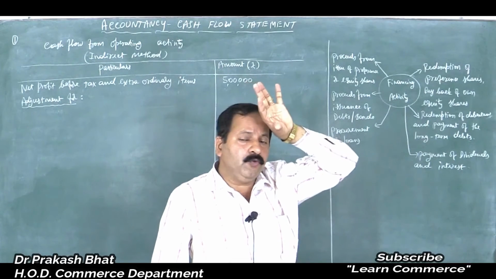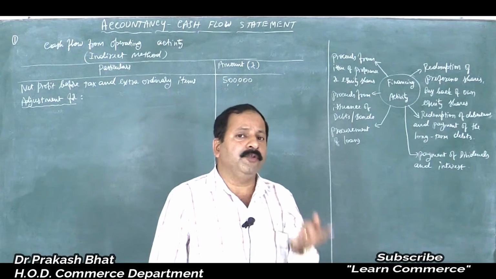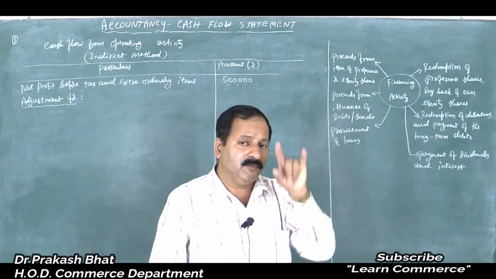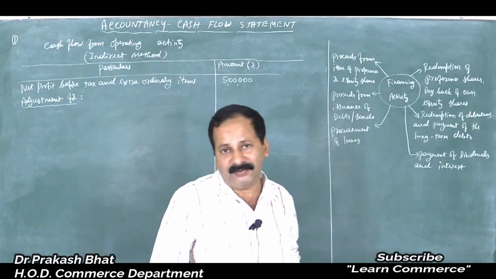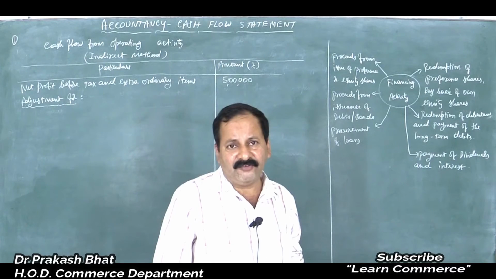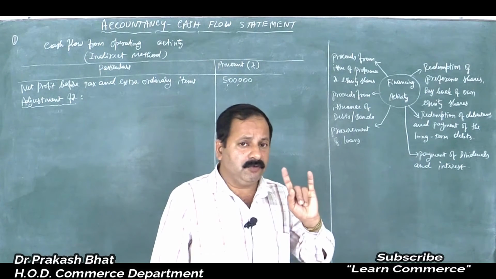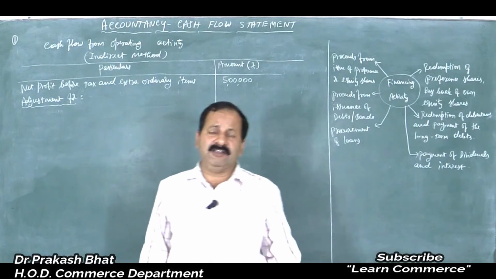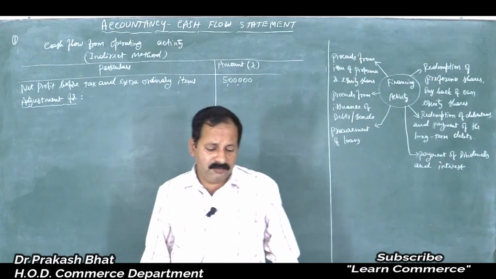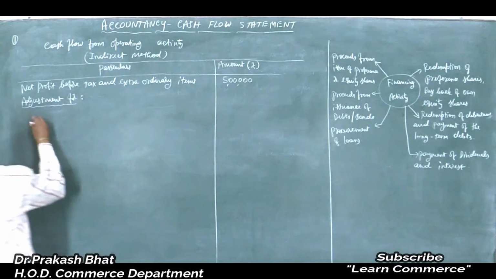Normally what you are deducting should be added here. Normally whatever you are adding, that should be deducted here. That is the only rule here. Very simple rule. Depreciation always used to be deducted as an expense, so you always do it as minus. Now reverse it. Add it. Plus depreciation.